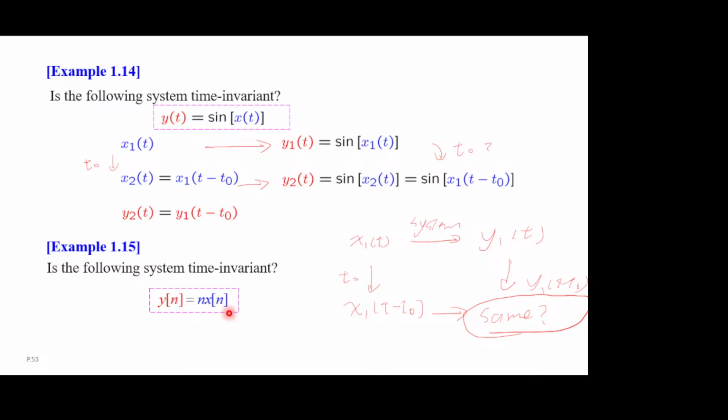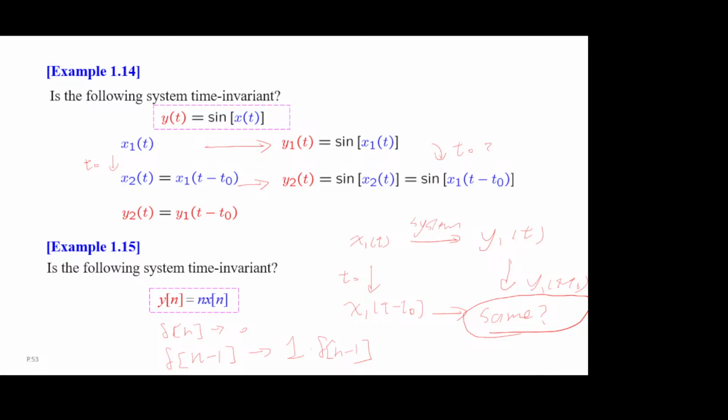But if you time shift it to delta of n minus 1, then y of n actually becomes 1 times delta of n minus 1, because this thing only has a value at n equal to 1.